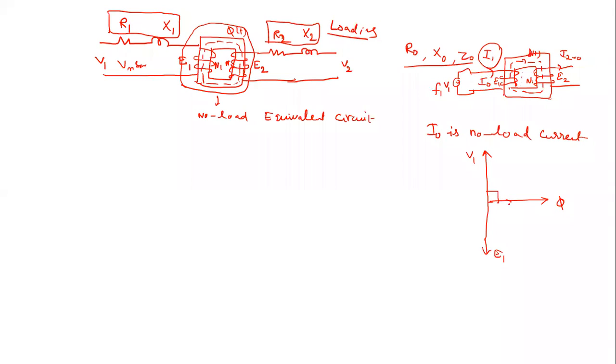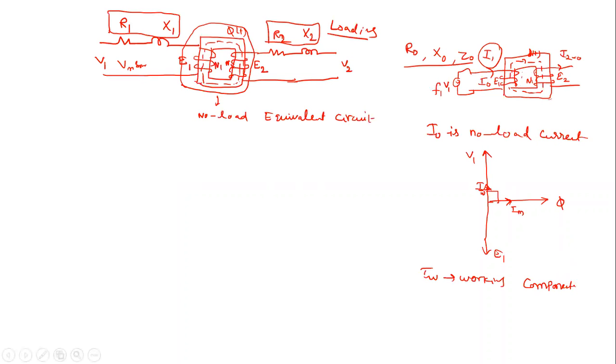To generate flux, it is required to have a magnetizing component of current, and to circulate the current, it has a working component of current. Please recall this. Iw is the working component of current, that is a component of I0.